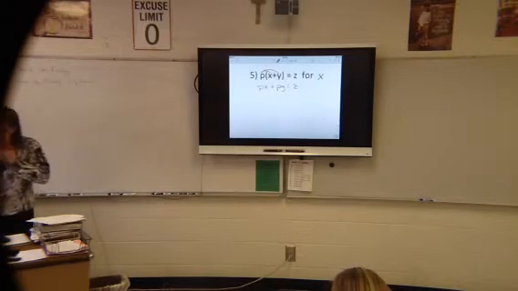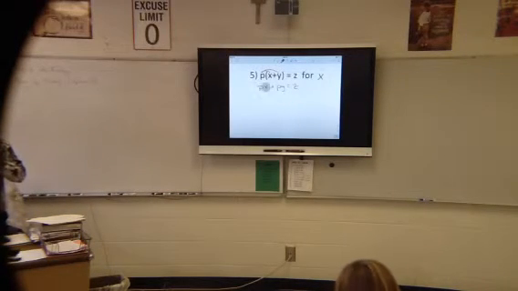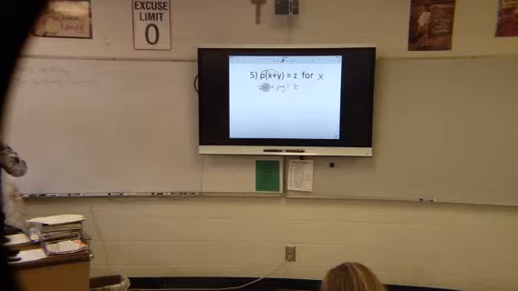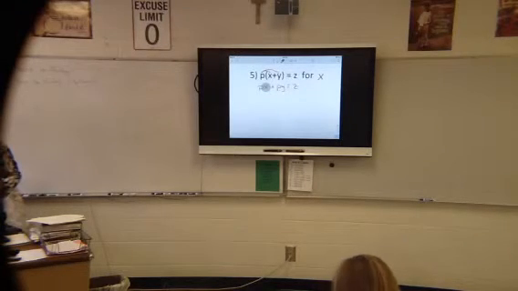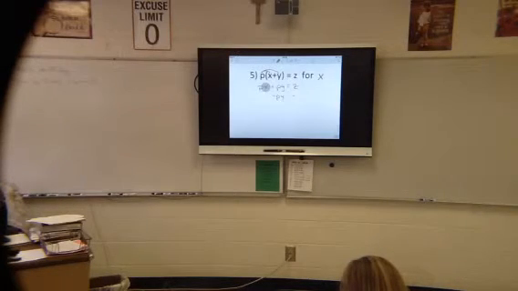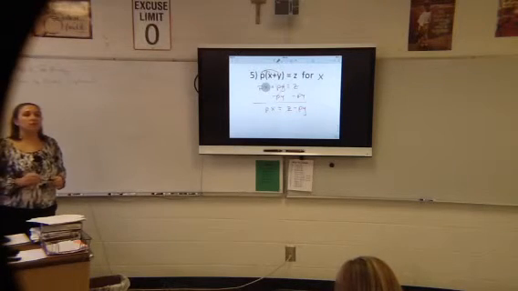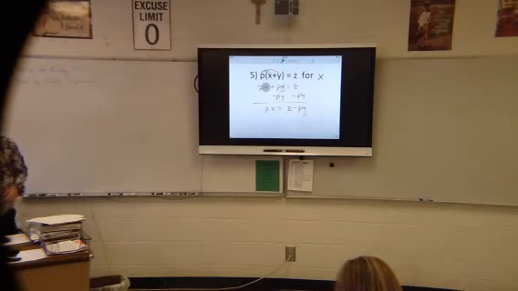Okay, so now what are some ideas to get that x by itself? Thomas? Subtract the py over. Good. Subtract py over to the other side. So I have px equals z minus py. Alright, now what would my last step here be to get the x by itself?